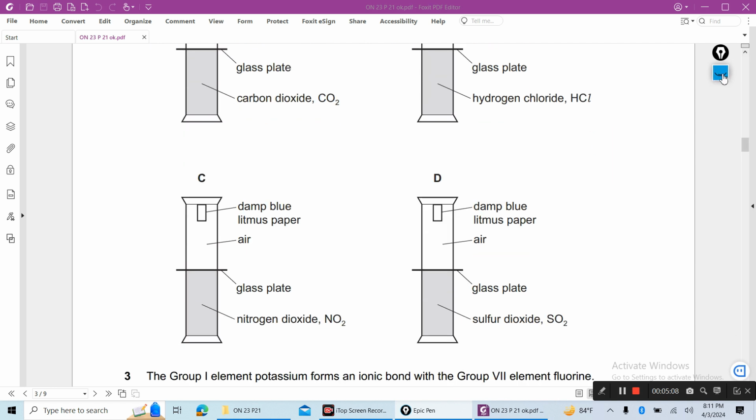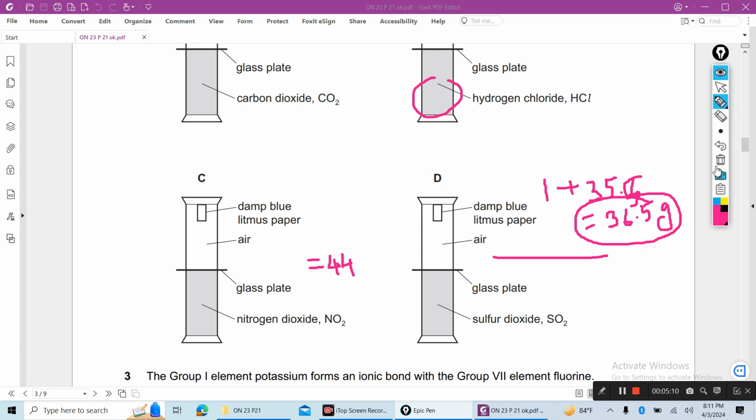And nitrogen dioxide mass 14 plus 32, you get 46, more mass. Sulfur dioxide 32 plus 32, 64.